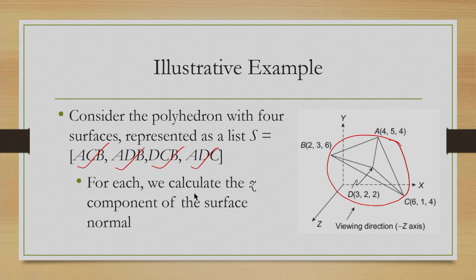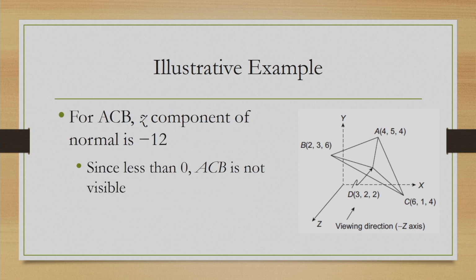For each of these surfaces we calculate the z component of the surface normal as mentioned in the previous steps. Let us do it for the surfaces. For ACB, the z component of the normal is minus 12. So, it is less than or equal to 0. So, ACB is not visible. As you can see from this figure, ACB is on the back side of the object.